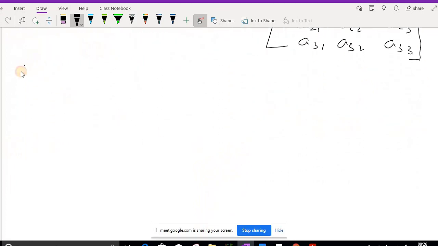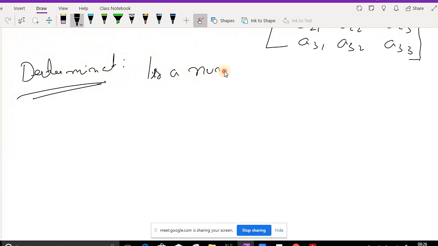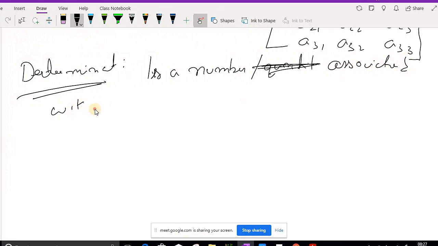Okay, so next we have determinant. What is a determinant? With every square matrix we associate a number. Determinant is a number, or quantity, associated with a square matrix.